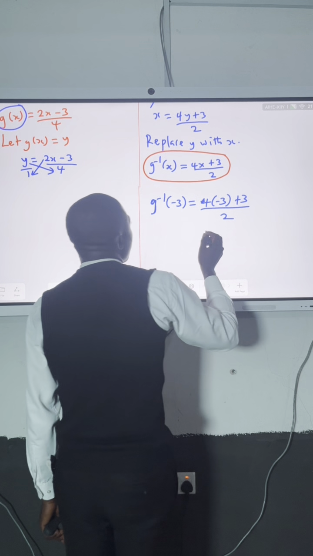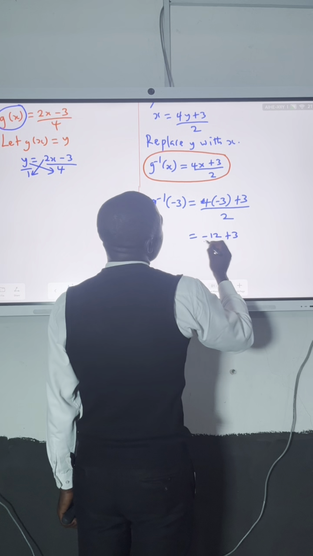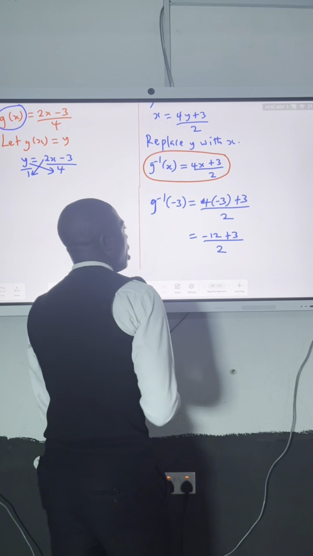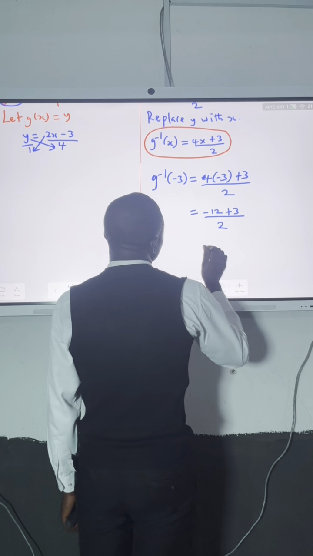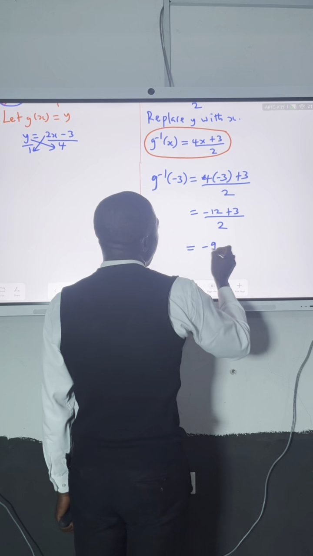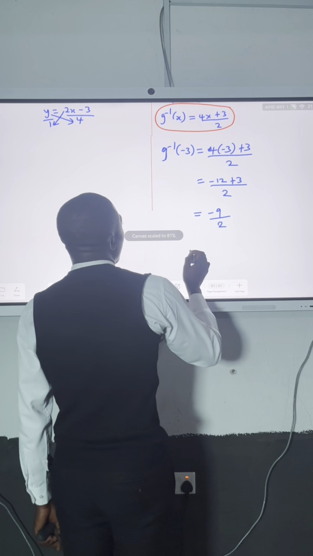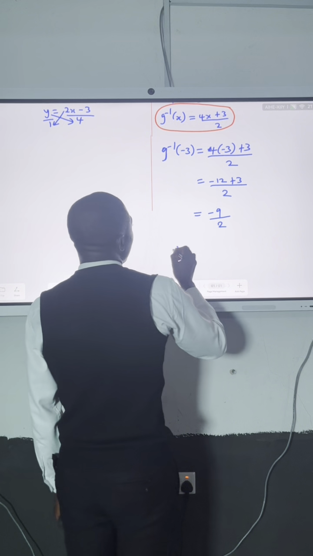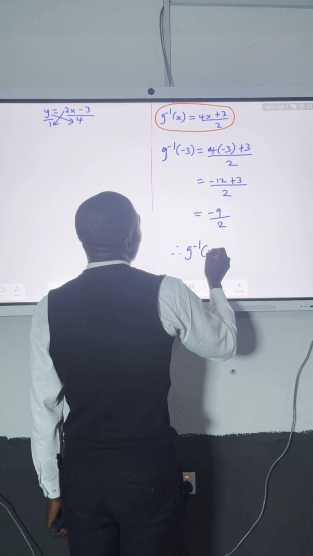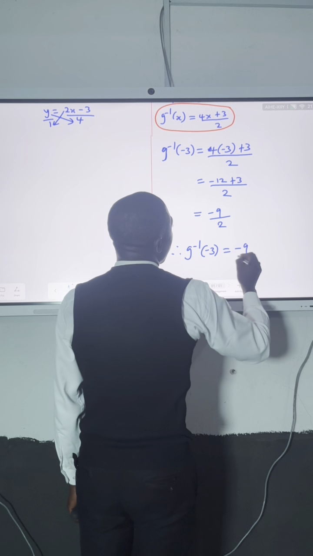Okay, so 4 times -3 is -12, plus 3, divided by 2. -12 plus 3 will give us -9 divided by 2. So we can boldly now say that G inverse of -3 is going to give us -9 over 2.